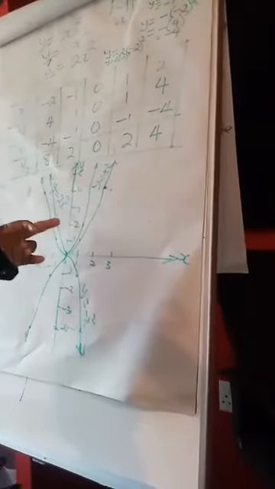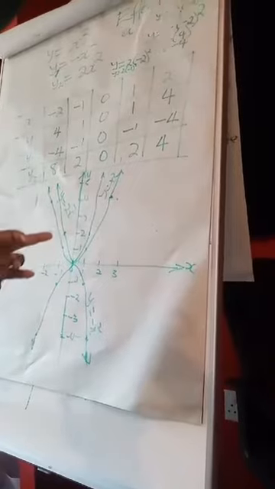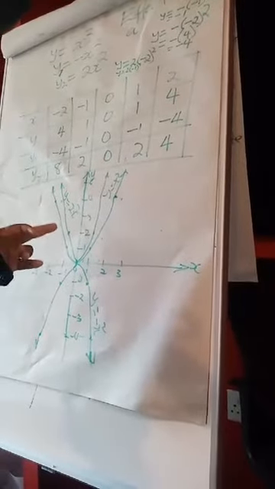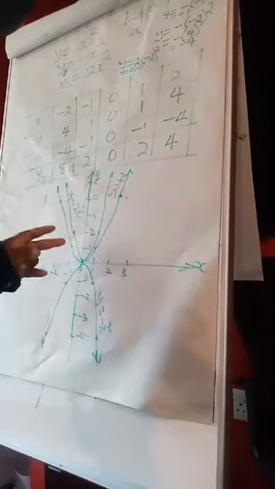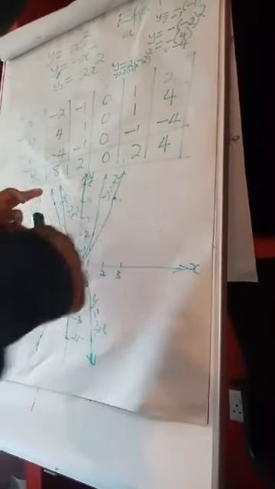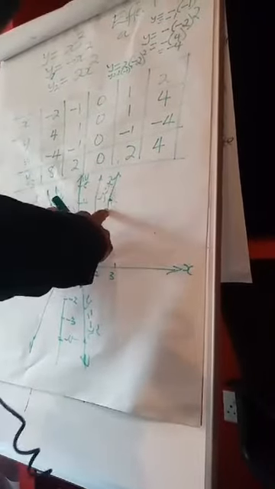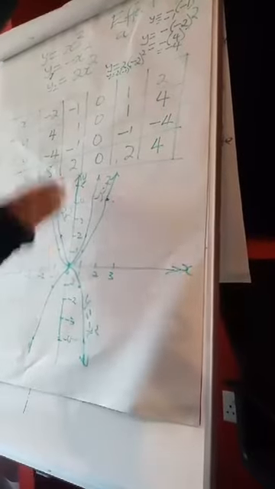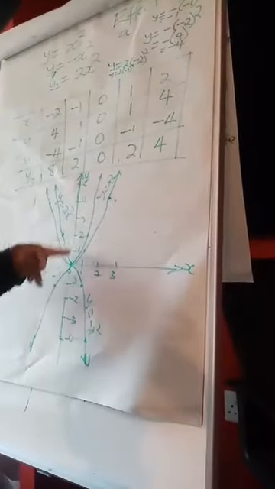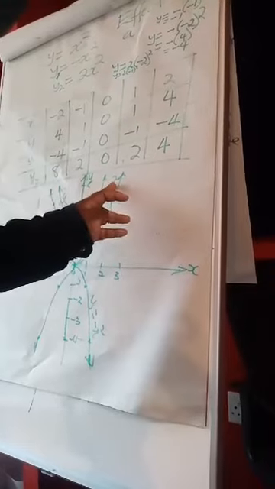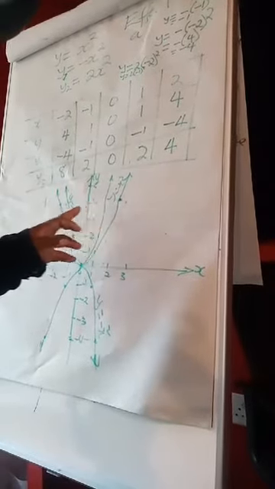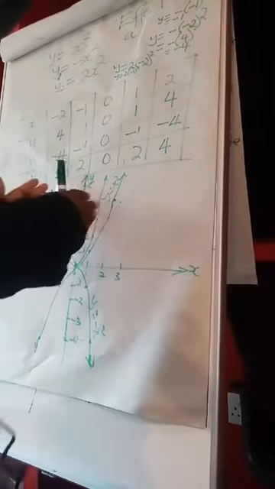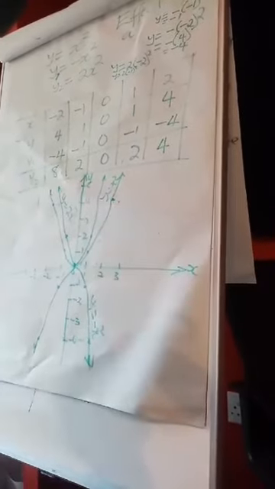So what does this mean? It means that the value of A determines how close the arms of the parabola are to the y-axis. The larger the value of A, remember A here was 1, now it's 2, the closer the arms are to the y-axis.